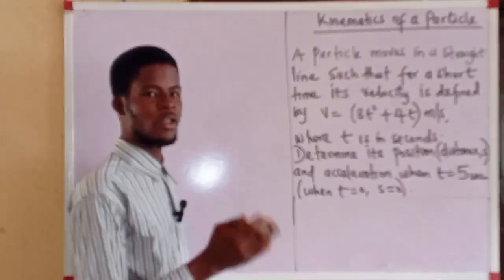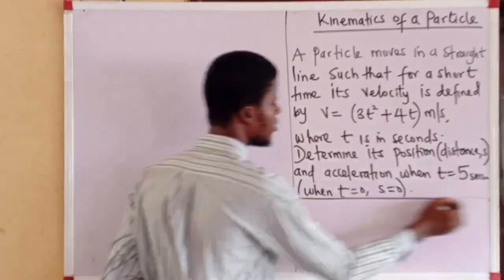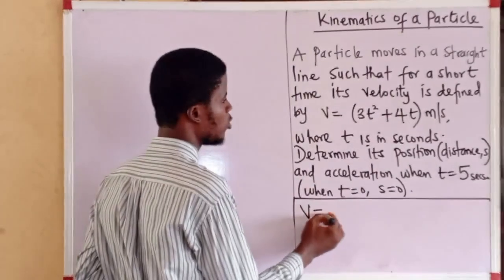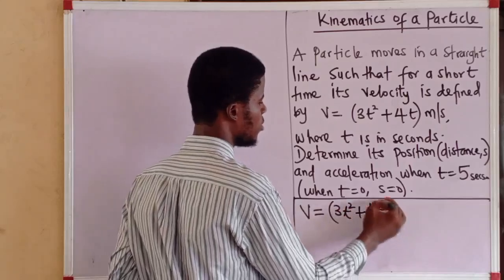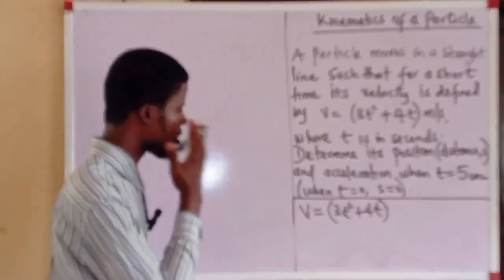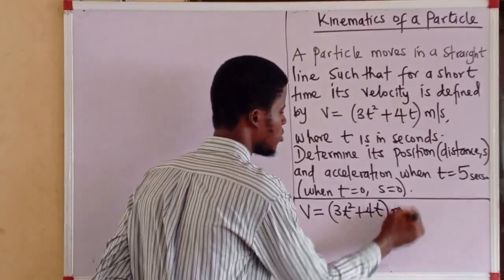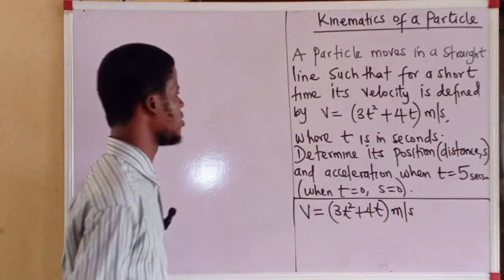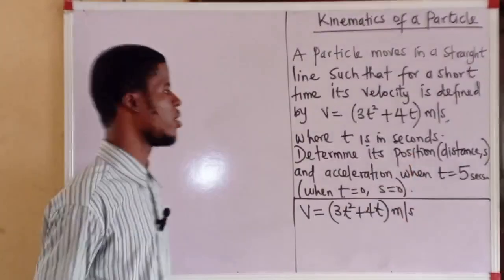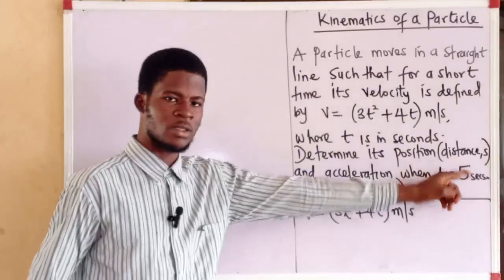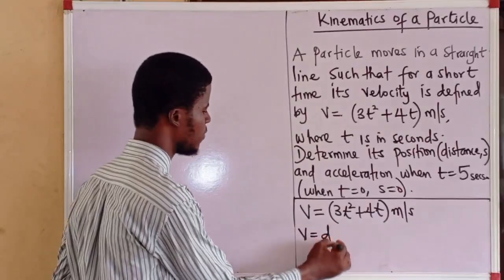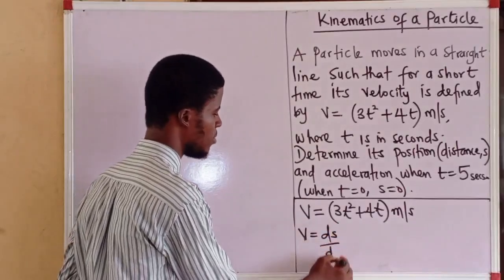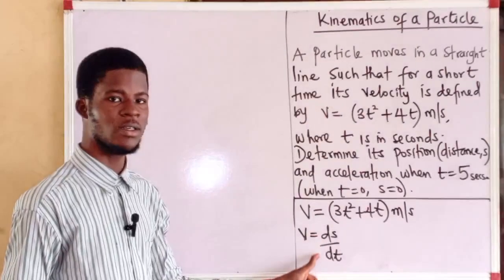Now, the velocity of the particle is defined by v equal to 3t squared plus 4t meters per second. Let's determine the position first, which is also the distance. Now, velocity is the rate of change of distance with time. That is ds/dt.